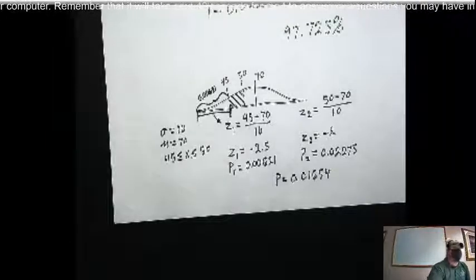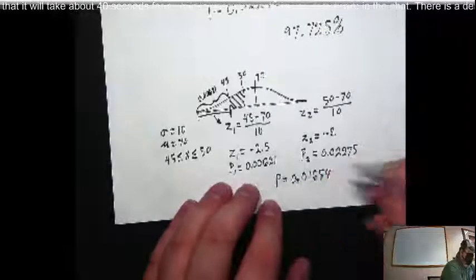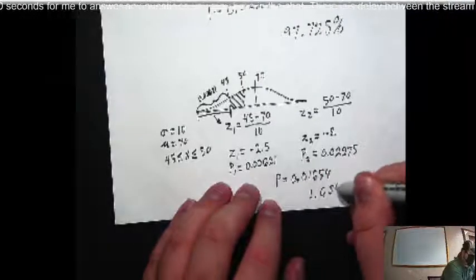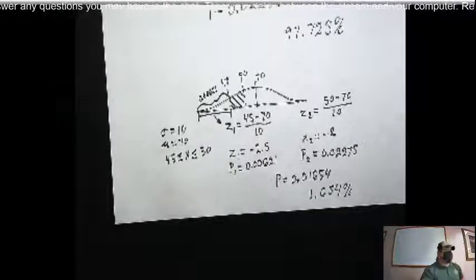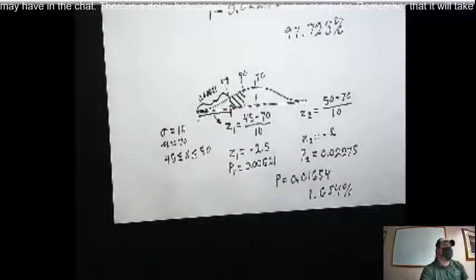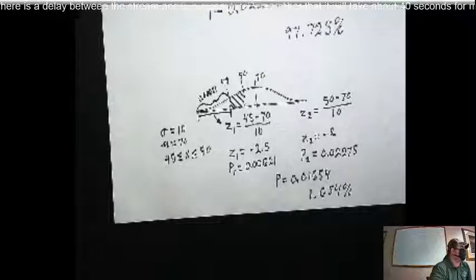Or, as a percent, of course we can change any probability to a percent, this would be 1.654%. So just above 1% of all of the people in this retirement home are in this range, between 45 and 50 years old. Make sense? Okay.